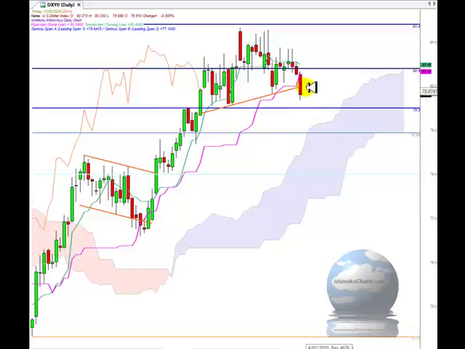So the market broke out at 80, so we have a target of 78.2, which is down around here, the area within the cloud. So if the market does continue to trade down, a potential target is roughly about 78.2.